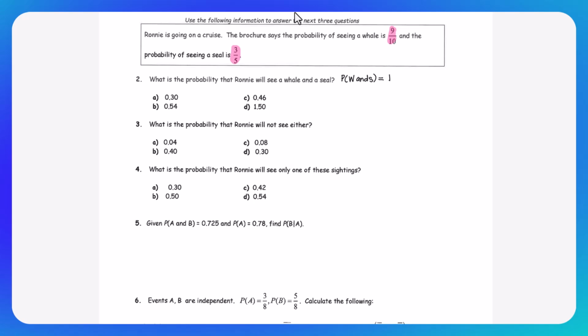The probability of the whale times the probability of the seal. The probability of the whale, we know that is 9 over 10. And the probability of the seal is 3 over 5. And that's going to give us 9 times 3 is 27 over 50.